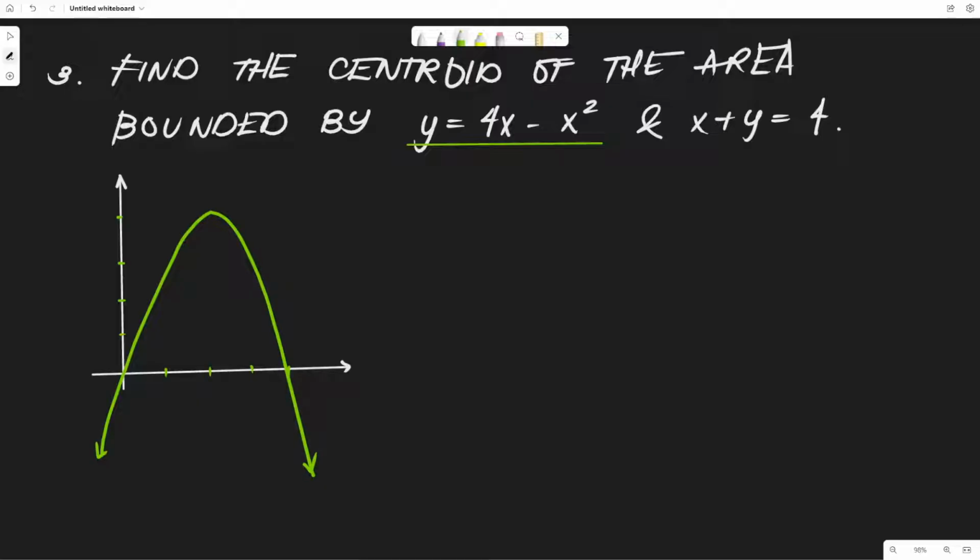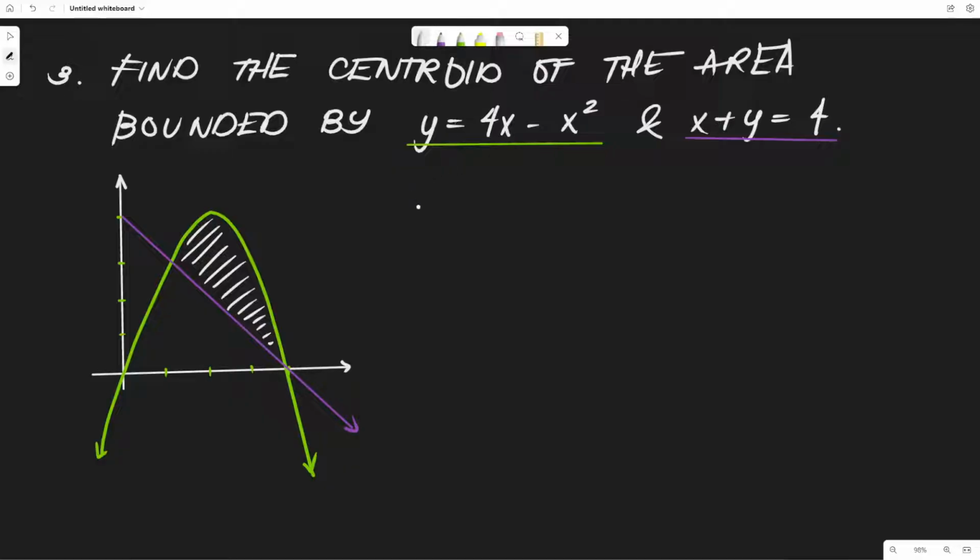So, parabolic siya, no? Ayan. Then, yung ating, ito, yung x plus y is equal to 4 is actually a straight line. No? So, yung ating bounded region is this one. Okay, hahanapin natin dito. Dapat nandyan sa loob ng area na yan yung centroid natin.